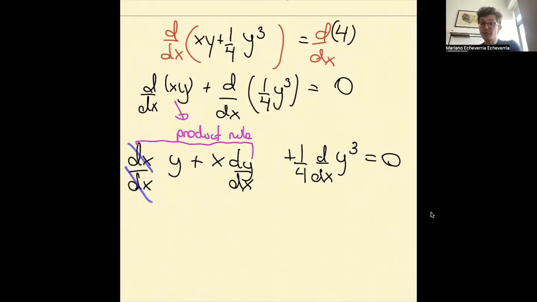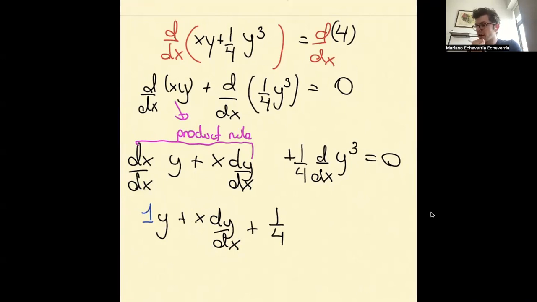It behaves as if you could just cancel the x's. So if you cancel the x with the x, you get one, and it works the right way. So it gives you 1 times y plus x dy/dx. There's nothing we can do with this x, that's just x, and the dy/dx is what we are after, so it's good that it showed up here.